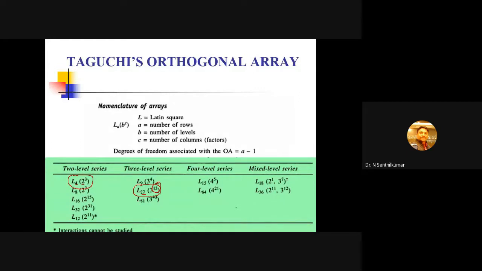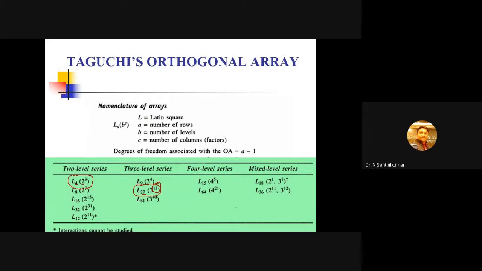And apart from this regular level series, that is, if all the variables are varied through 3 levels, you can choose this. If all the variables are varied through 4 levels, you can choose this. But what happens when the levels tend to vary? That is, one parameter we can change only 2 levels, whereas in the other parameters I want to change to 3 levels.